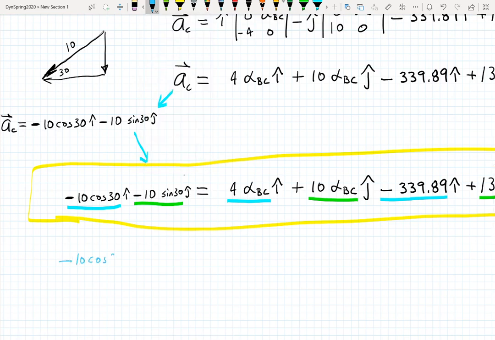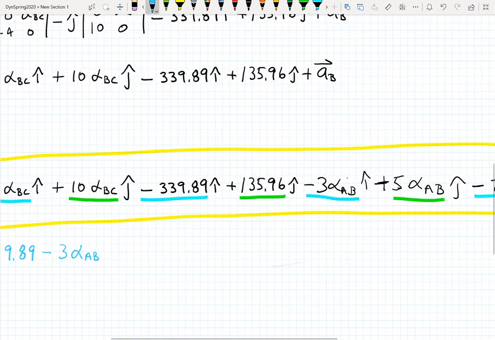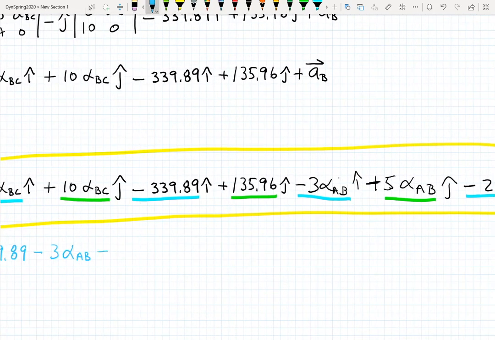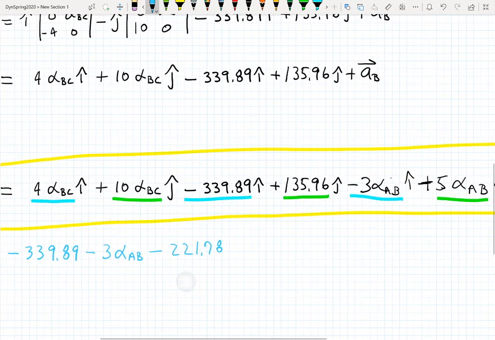Minus 10 cosine 30 equals 4 alpha BC minus 339.89 minus 3 alpha AB minus 221.78, and that's it.